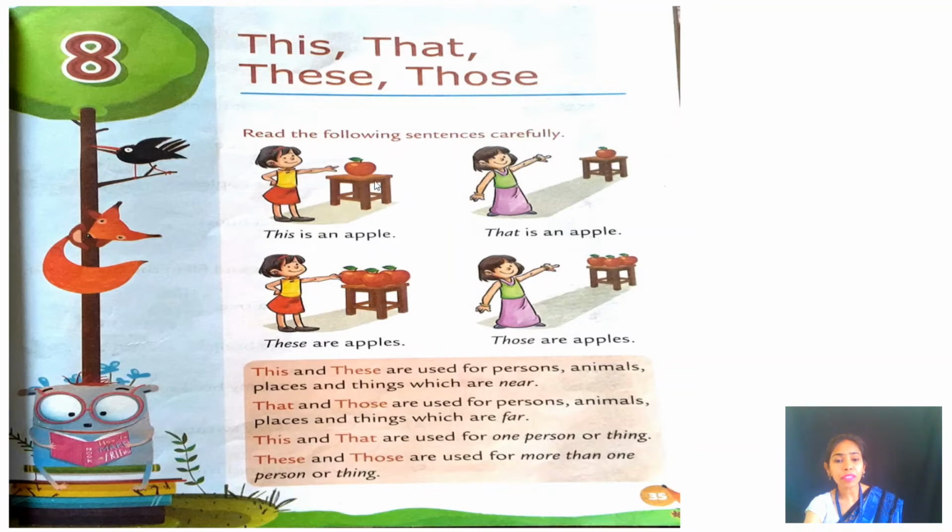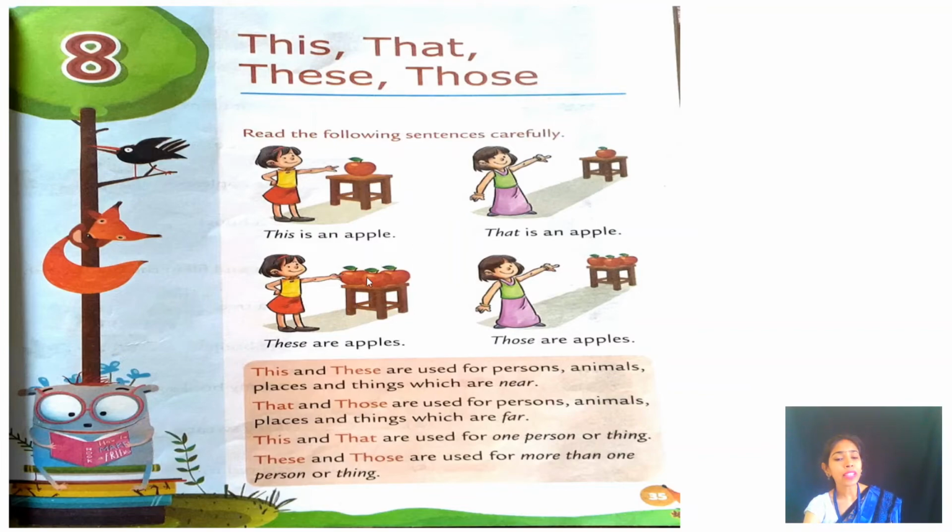This is an apple. That is an apple. Now see, the apple is when it is close and it's one apple. So the girl said this is an apple. And when the apple is far and it's one apple, then the girl said that is an apple. Right?